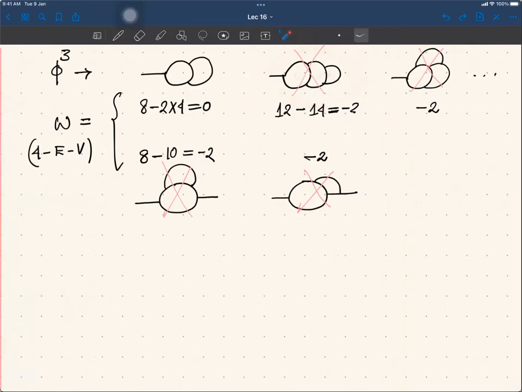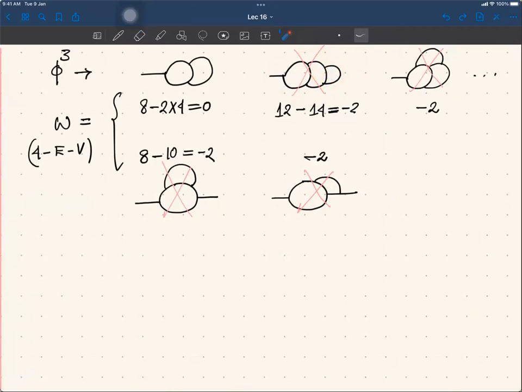The loop that has the minimum number of legs, the minimum number of propagators, has the maximum chance of being a subgraph for which omega is greater than 0. And that's this last loop. It is one loop but with 2 propagators. So one loop means 4, minus 2 propagators is also 2 times 2, 4. So this is a logarithmically divergent piece. So this is sitting inside, and it is of the primitive type.